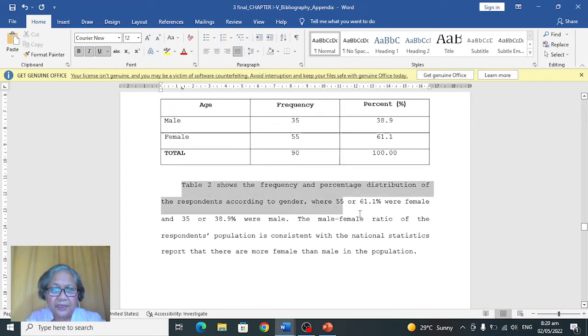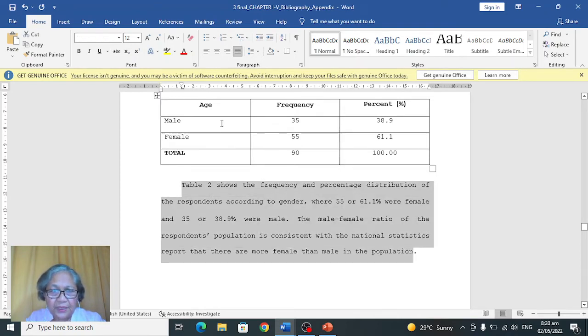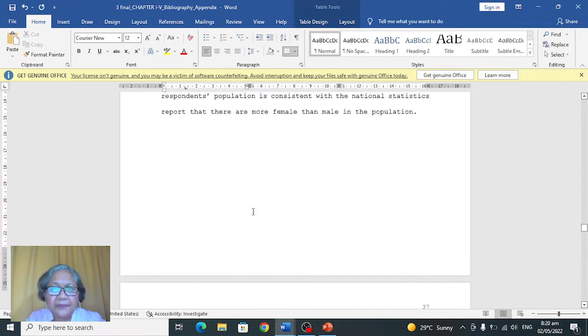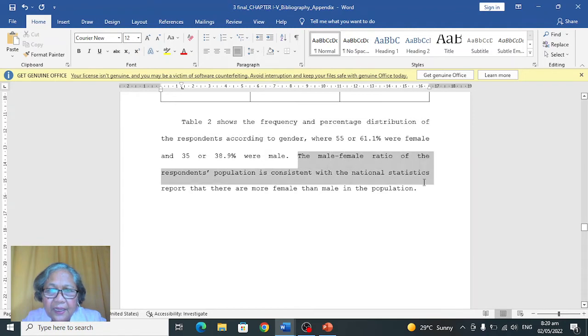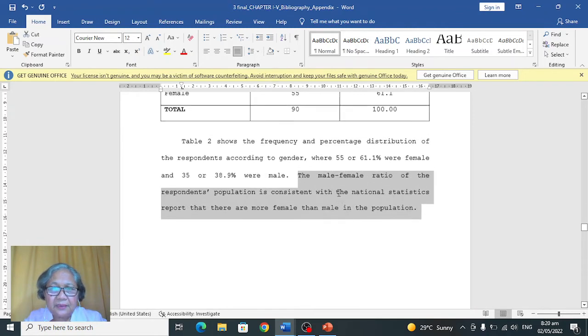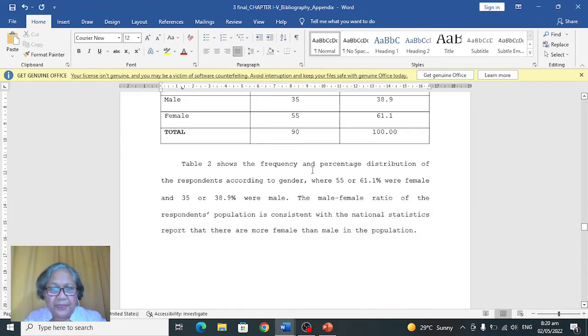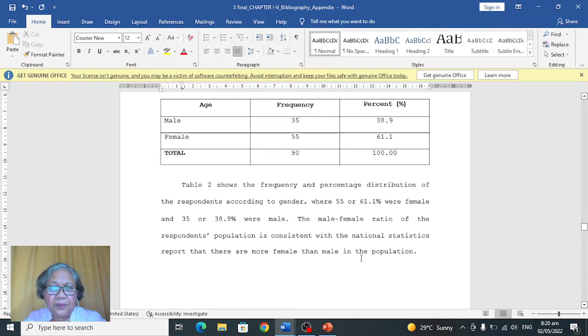So, you have here the narration of what is in the table, and then the concluding statement, which is compared to the national statistics wherein female are more than the male in a particular population.